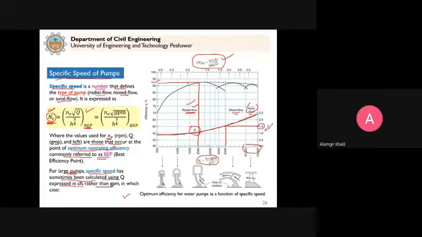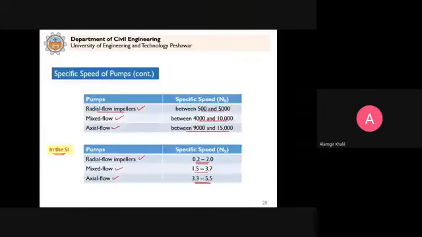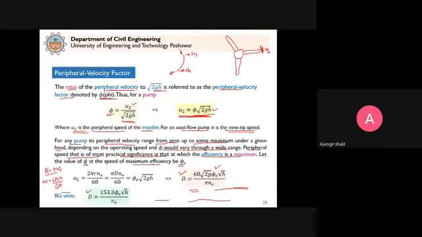This is the peripheral velocity factor corresponding to the maximum efficiency. Clear? And then you can use this here to estimate the diameter of the impeller. So this is the use of this concept, why we study the peripheral velocity factor.